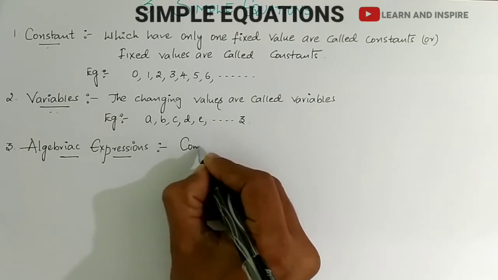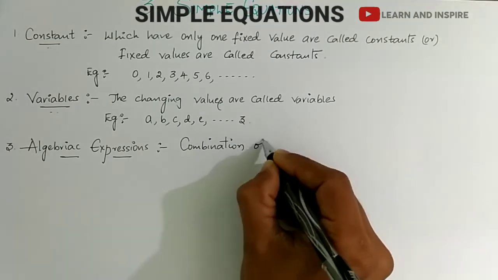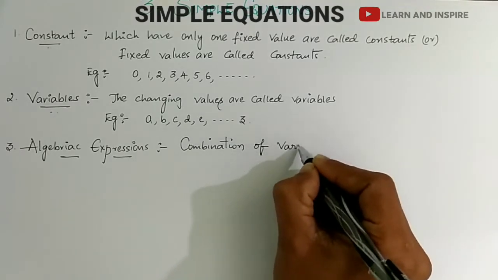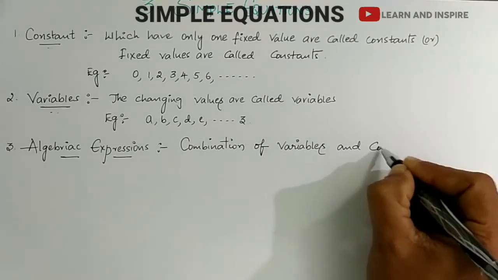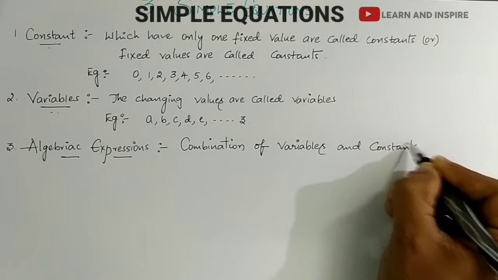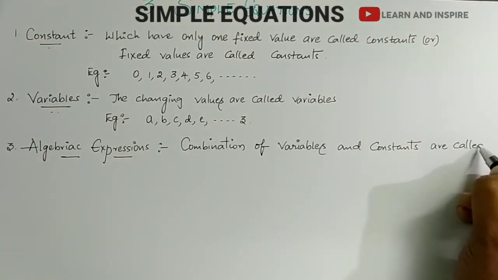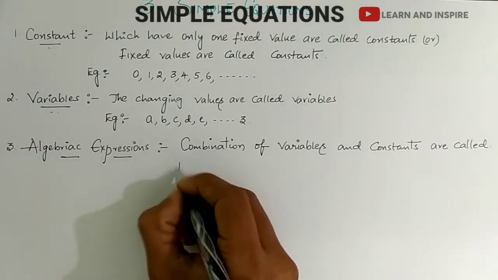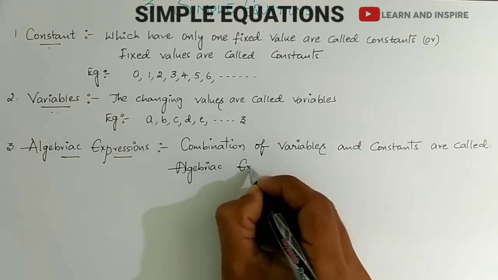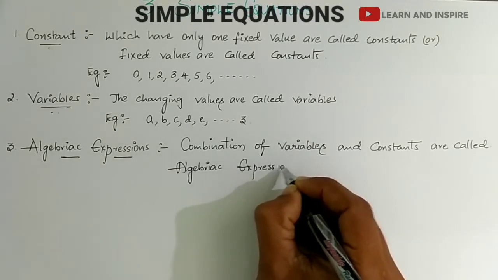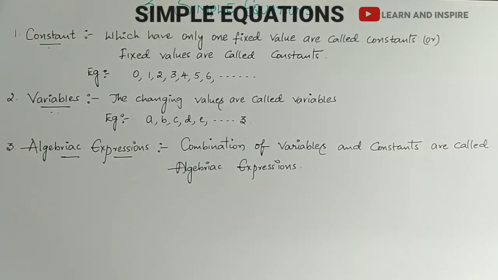So I write: a combination of variables and constants are called algebraic expressions. Combination of variables and constants are called algebraic expressions.